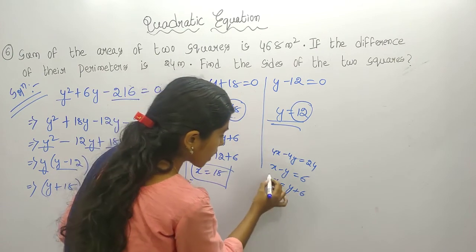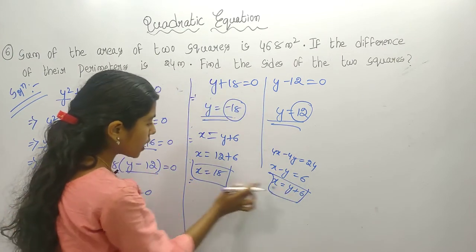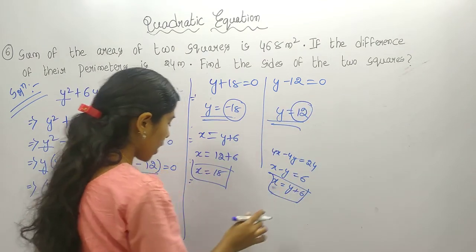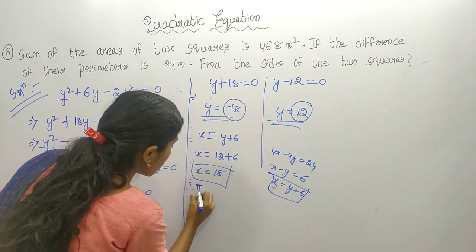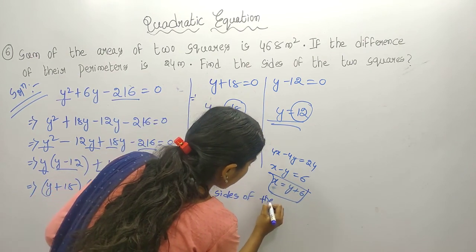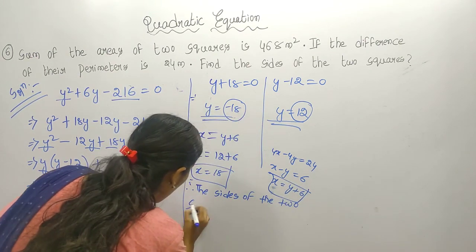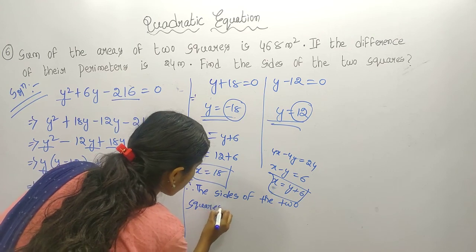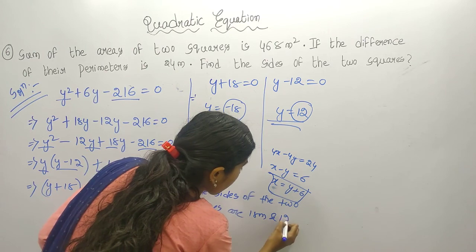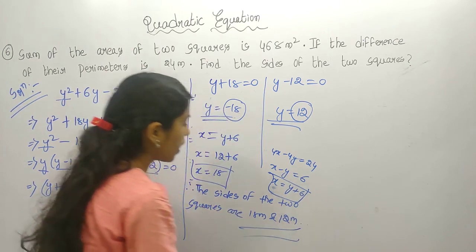So now x equals y plus 6; y is 12, 12 plus 6 is 18. So find the sides of the two squares. Therefore the sides of the two squares are 18 meter and 12 meter. Okay, like this you have to find.